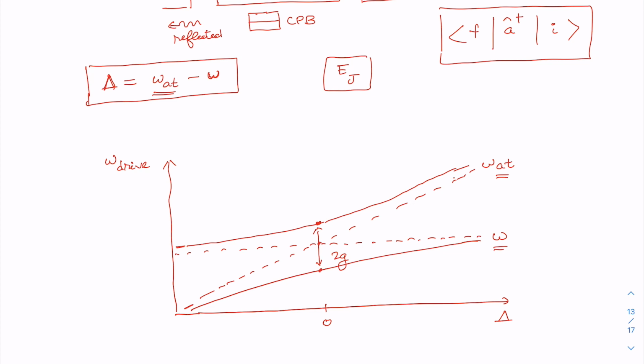But the question is, what happens if we go away from this detuning, delta equal to 0? The answer is simple. Suppose our drive frequency omega drive is here, exactly equal to the atomic transition frequency, but at this point we are away from the bare cavity, that means there is no photon inside the system.